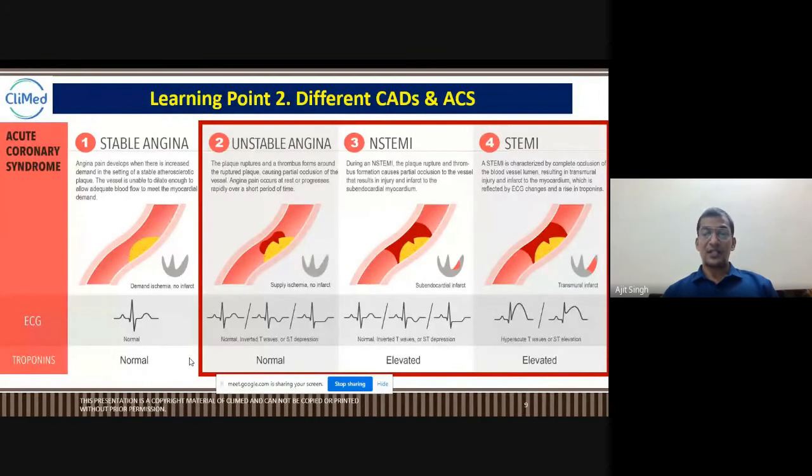Sometimes unstable angina will not be 2 hours or 3 hours, but like 1 day or 2 days or 3 days. That is also considered as ACS. If the chest pain is less than 30 days, it will be considered ACS. So unstable angina, STEMI, and NSTEMI will be considered as ACS.